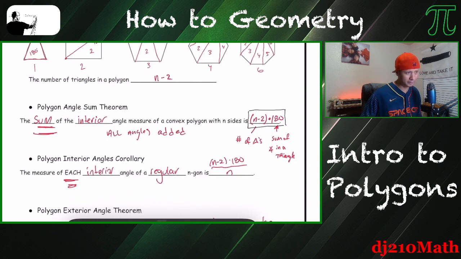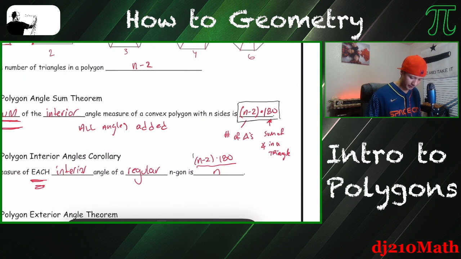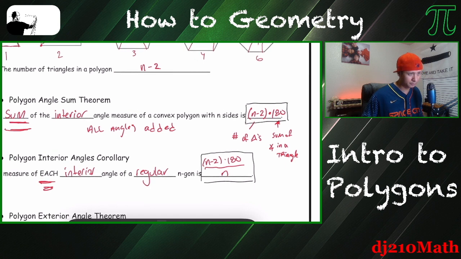So each interior angle of a regular polygon with n sides is n minus 2 times 180 divided by n. So this is the second one. You don't necessarily have to remember another formula. Just know that you take the first formula and you divide it by the number of sides. That'll tell you what each interior angle measures.